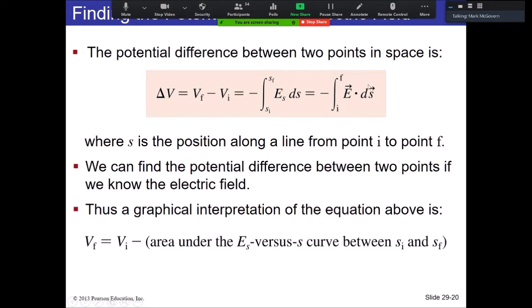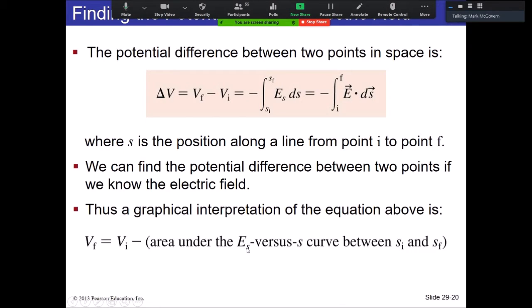All right. Now, it's an integral, right? And so we can actually do the integral from an analytical standpoint, or we can investigate how the graphs look. The interpretation graphically of the integral is the area that is bounded by the electric field graph, okay, by the electric field function, so to speak.